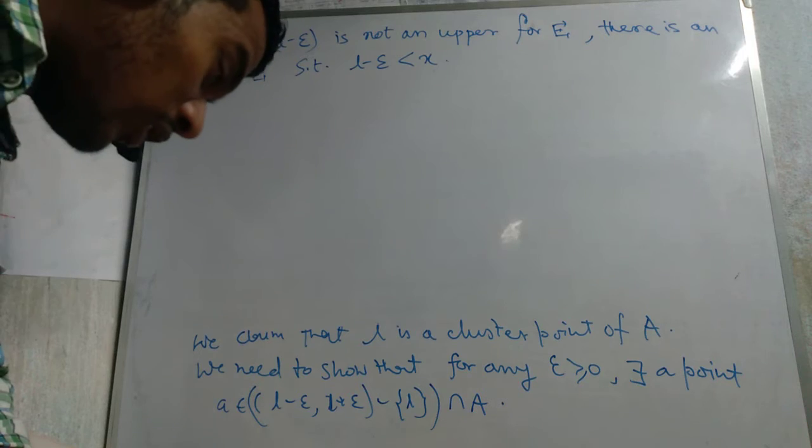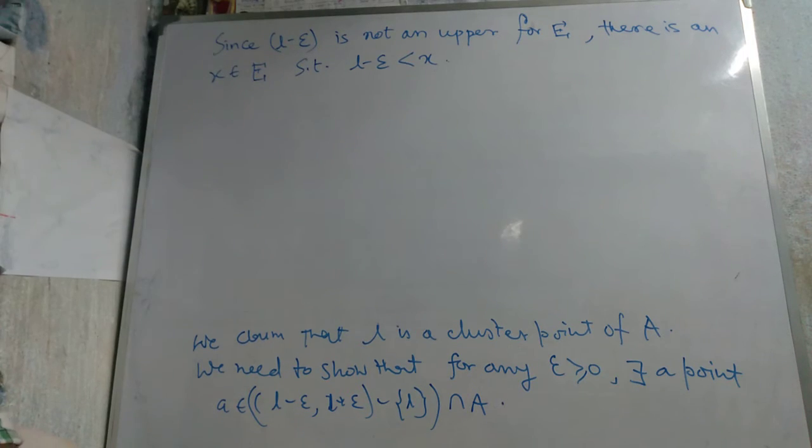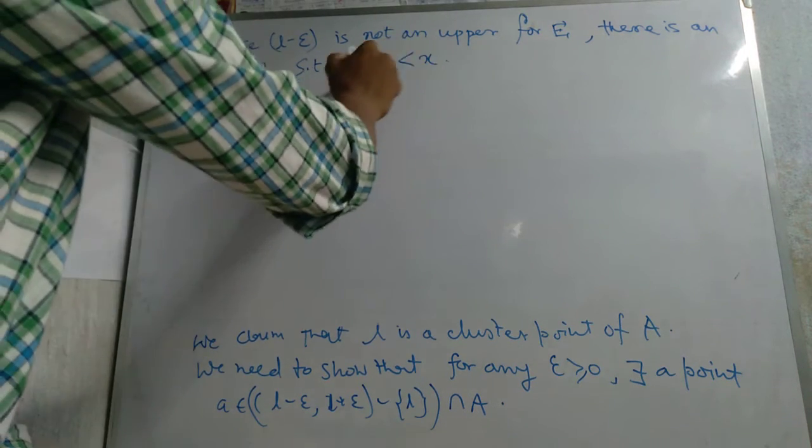Okay, since L − epsilon is not an upper bound, there is x belonging to E such that this happened.